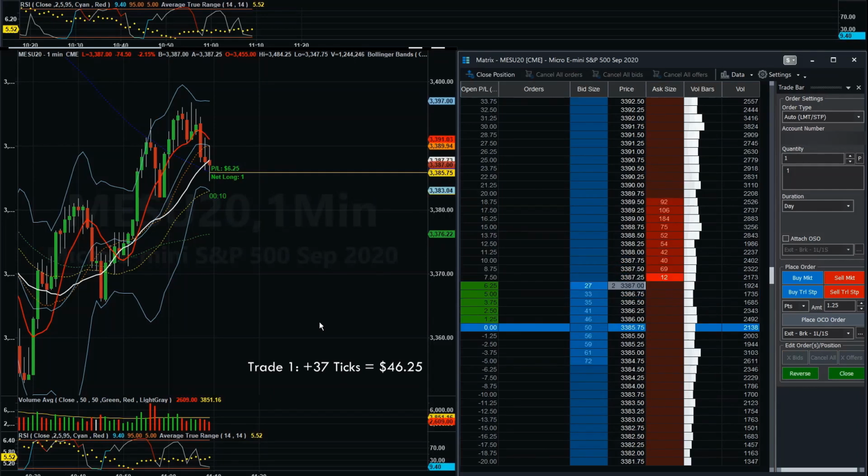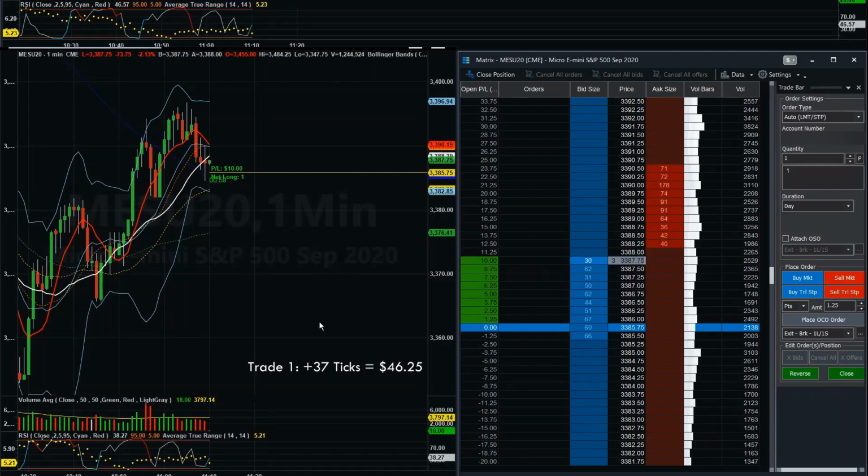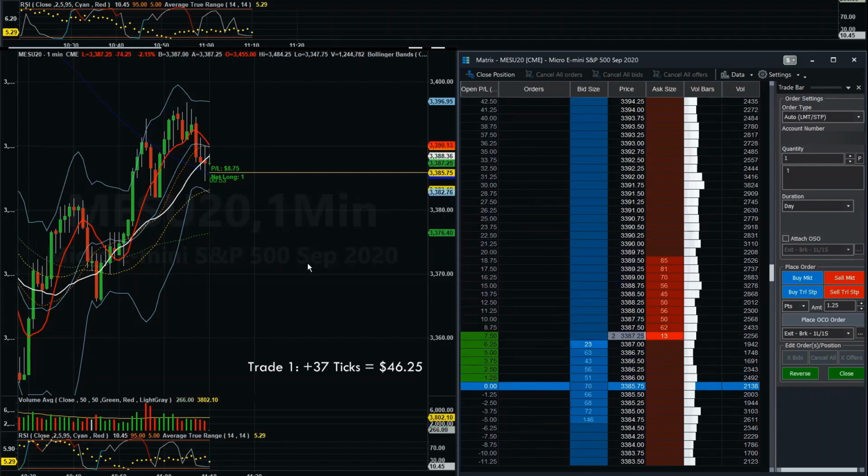And as I said before, the impulse in your favor should always be evident as soon as you enter your trade. That way you know you had a good entry. If it goes back by a lot of ticks, you are already wrong.